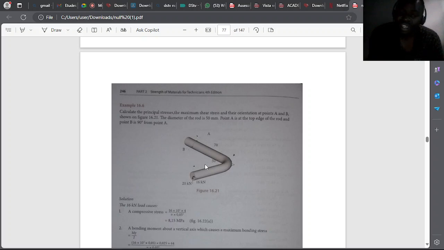Due to that, it is creating a torque. So this is an exception where one force was creating three things. It was creating a bending, a shear force, and a shear force due to the torque. That's what I was saying, Mr. Boubacar. Is it fine, my brother? Or is it fine for everyone?